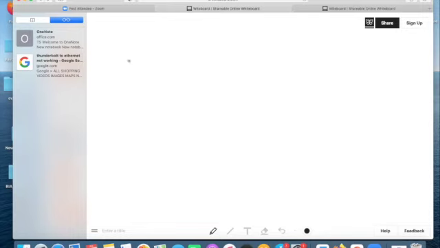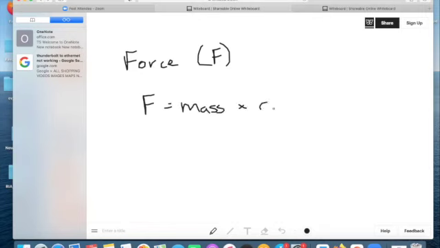All right, so on to force, which is simply a push or pull on an object. The symbol for force is capital F, and force is equal to mass times acceleration.